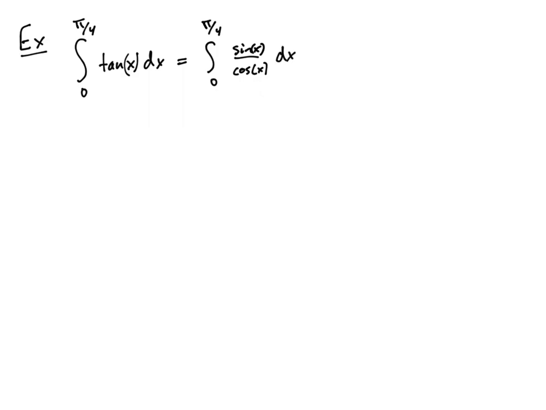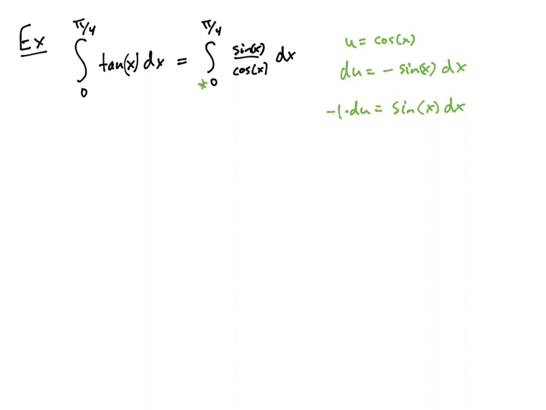And then doing so, we can make a u substitution. So I'm going to let u be equal to cosine of x. When I take the derivative of both sides, I get negative sine of x dx. Now, I have a positive sign here, so I'm going to multiply both sides by negative 1, and we just end up with positive sine of x dx, which is what we want in the integral.